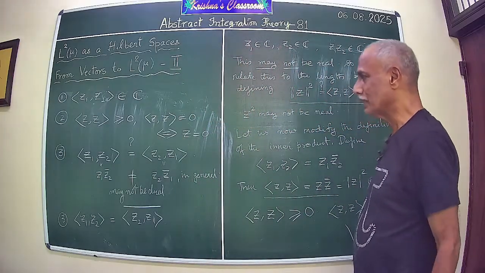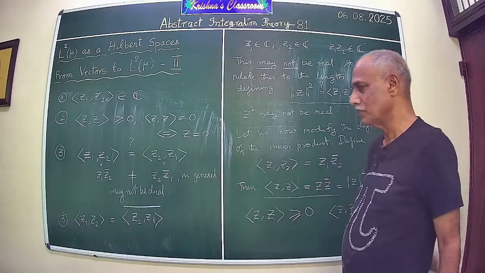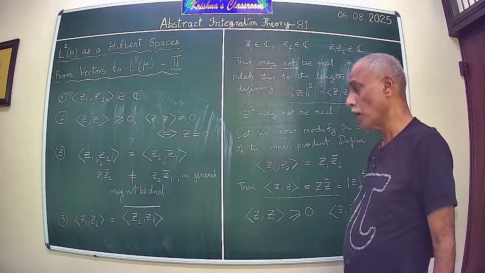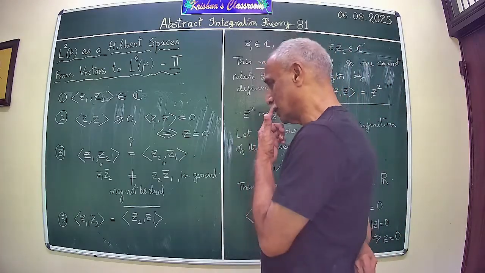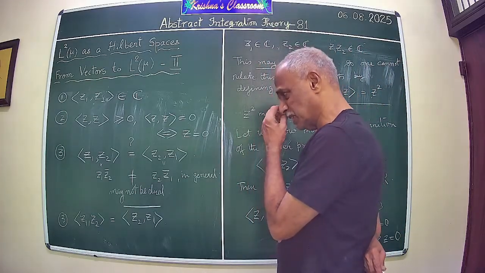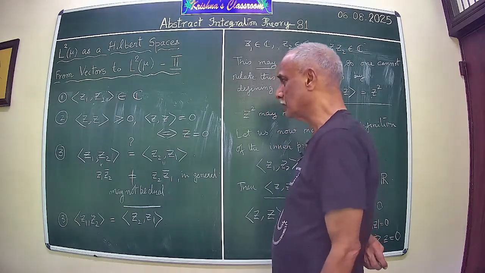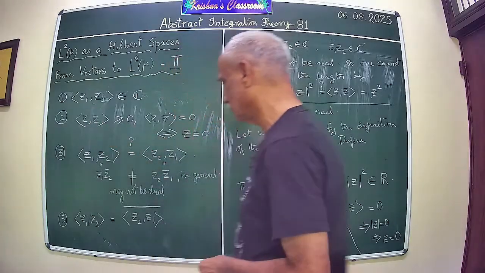Okay. So there are some departures already. Z1, Z2 is not equal to Z2, Z1, but it's a conjugate of Z2, Z1 by our definition. Okay. Right. And that is because he wanted to have this non-negative.